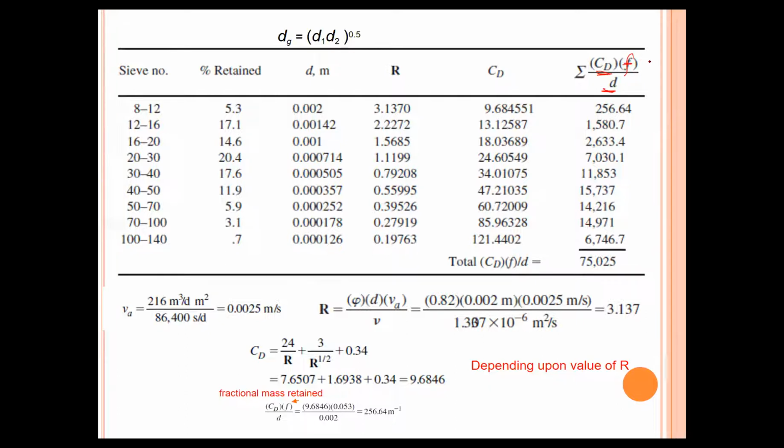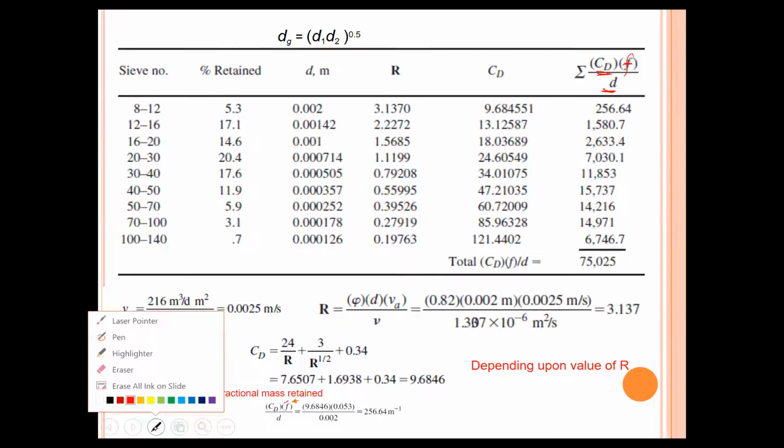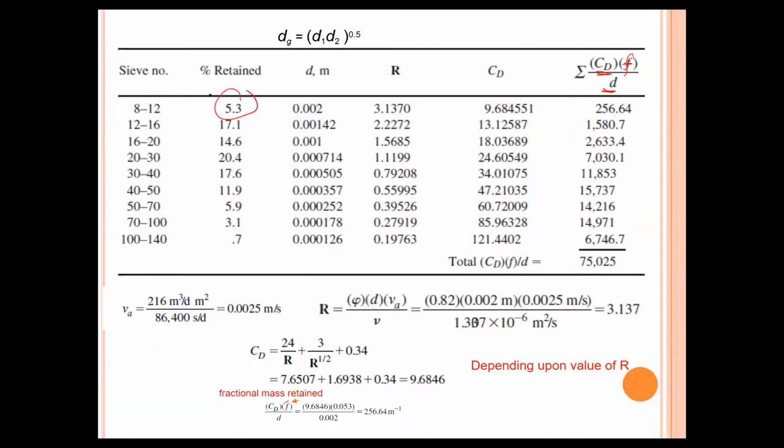The friction factor is, sorry, this is not friction factor. This is fractional mass retained. We can find this number from here. This is in percentage, and you have to convert it into fraction. When you convert into fraction, you will have this number, 0.053.